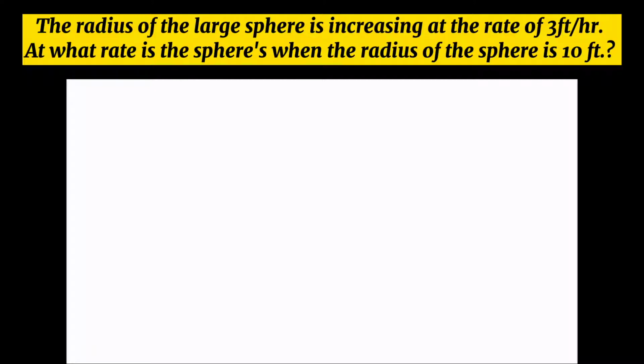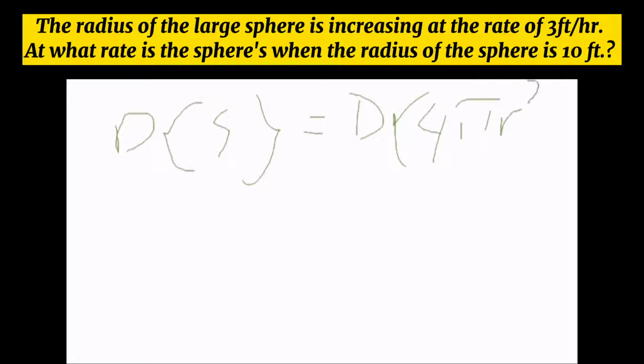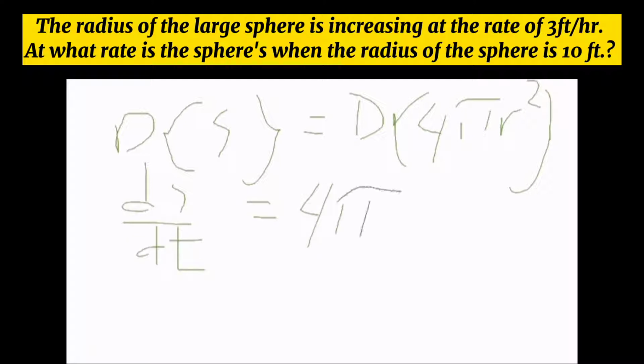The derivative of S is equal to the derivative of 4 pi r squared, so ds over dt is equal to 4 pi times 2r dr over dt.